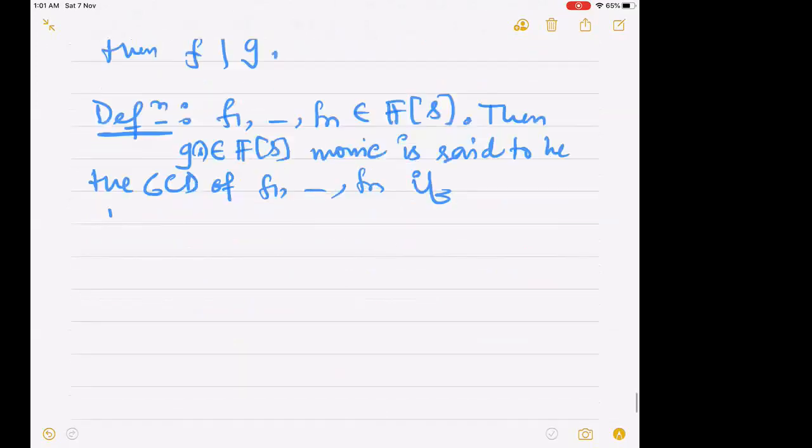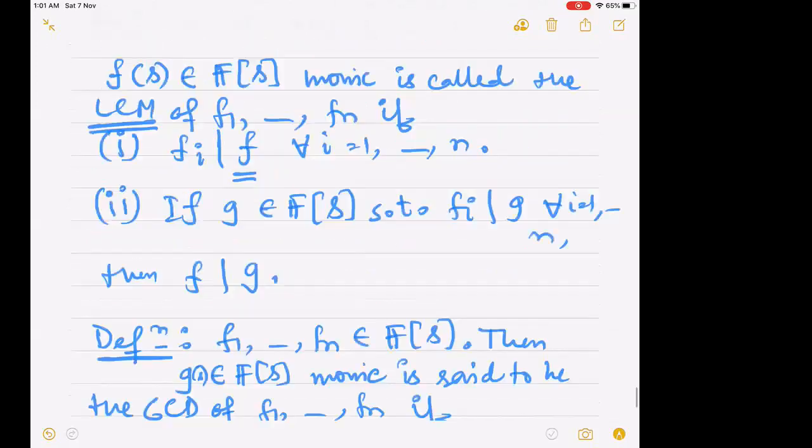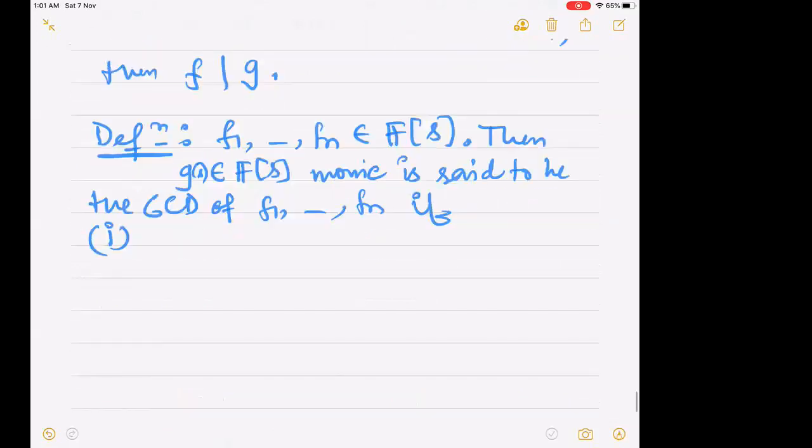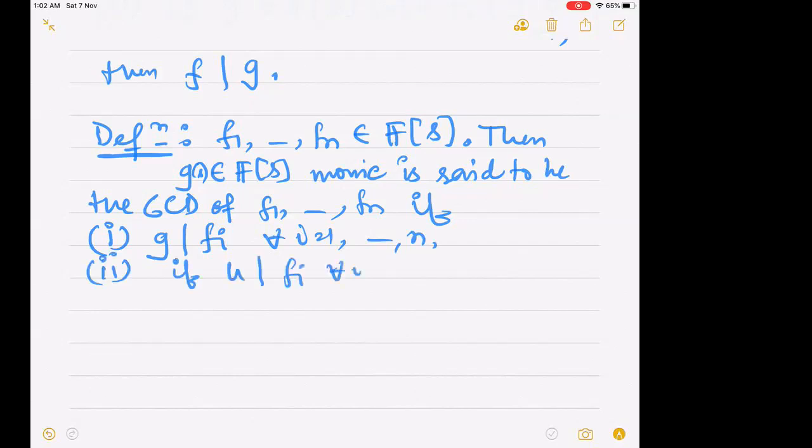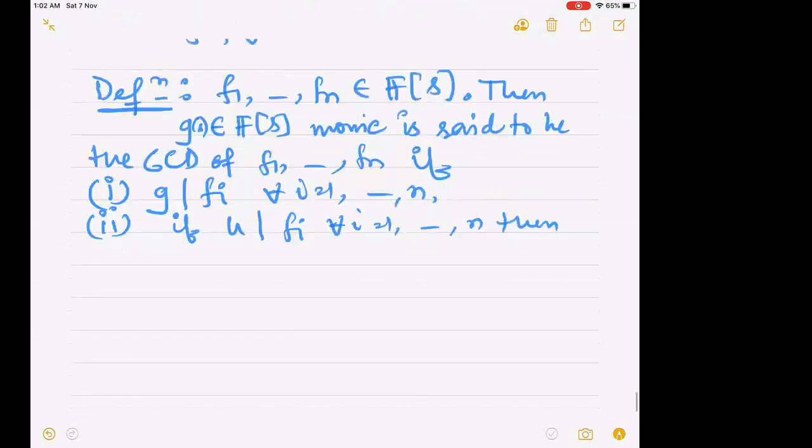Number one, compare this with the definition of LCM. Now g will divide fi for all i equals 1 to n. So it's a divisor, it's going to divide fi. And second one, if h divides fi for all i equals 1 to n, then h must divide g also.